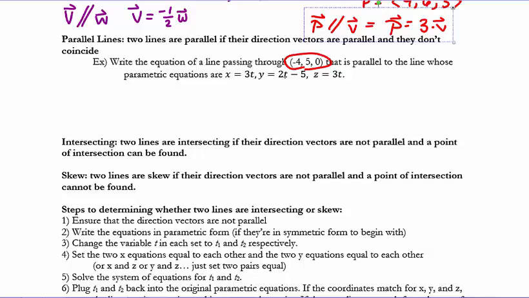And when t is -4/3 here, this absolutely won't equal 5. So these are definitely not going to be the same line. Now I just need to write a parallel line. So I'm going to have x equals, y equals, z equals. They should have the same coefficients for t, 3t, 2t, 3t, and a different initial point, -4, 5, 0.